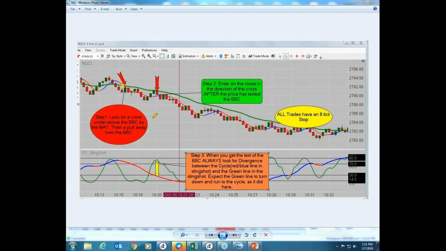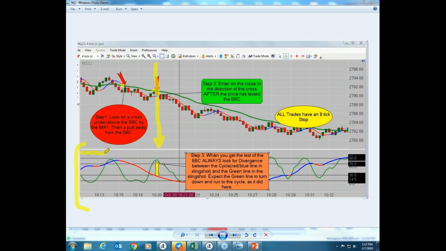So again, bearish cross lights the match. Okay, we're looking for a selling opportunity. We're looking for the market to do the normal thing, pull back to the BBC, and then close in the direction of the trend. That is step number 2. Okay? After that, our eyes now gravitate toward the slingshot.